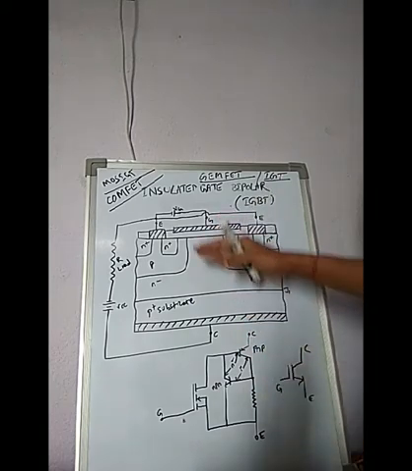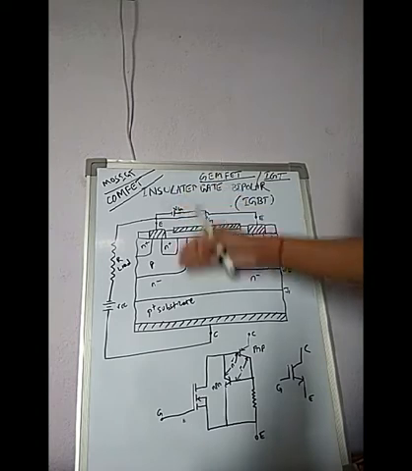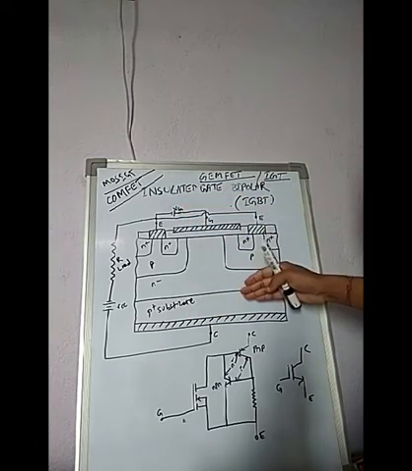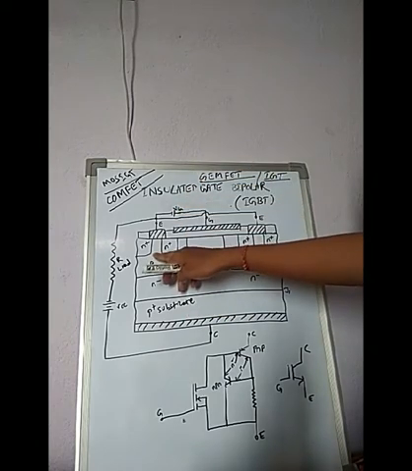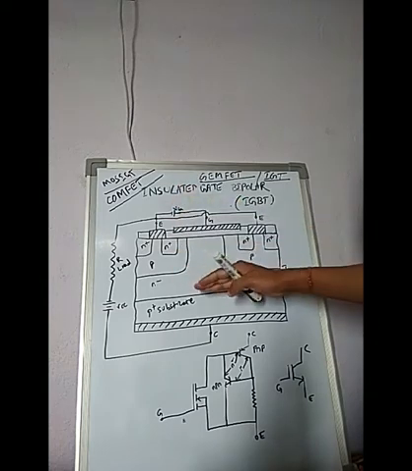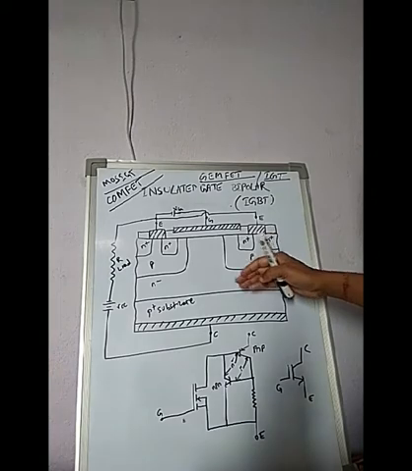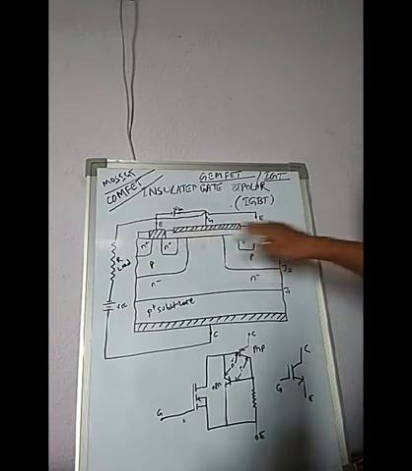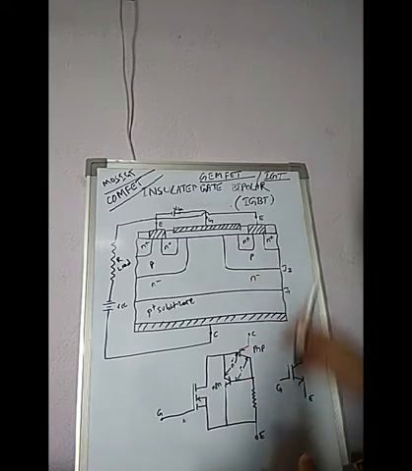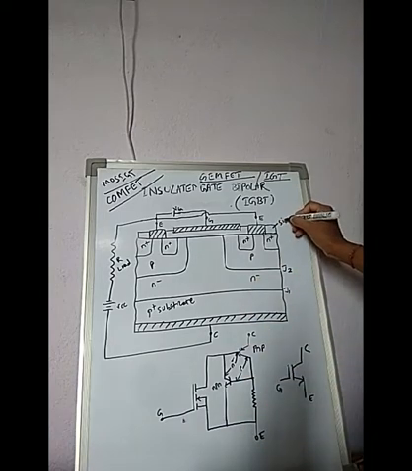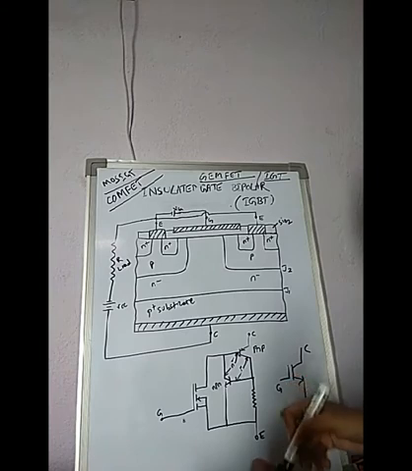Over the N minus layer, a P layer is fetched, and over the P layer N plus layers are fetched. Over this, a silicon dioxide insulating layer is given.